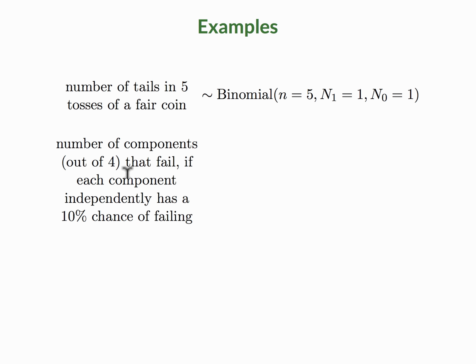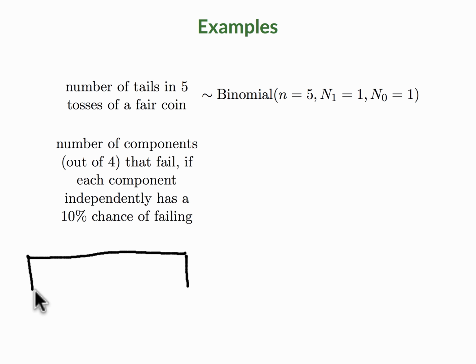Suppose that we have 4 components, and we know that each component has a 10% chance of failing independently of any other component. And we want to know about the number of components out of the 4 that fail. So why does this random variable have a binomial distribution? Well, let's again draw out the box model.